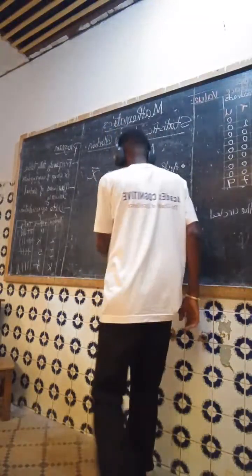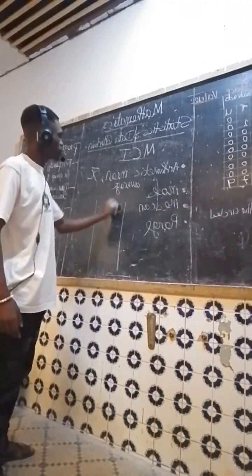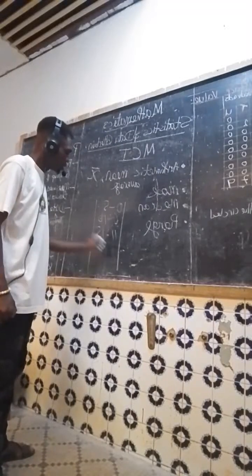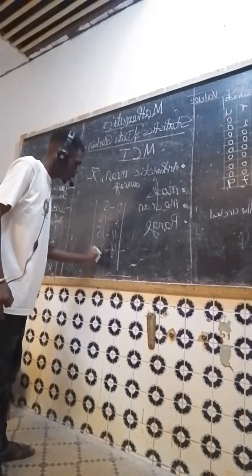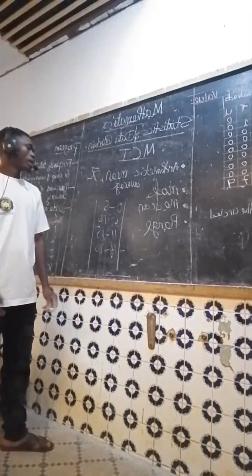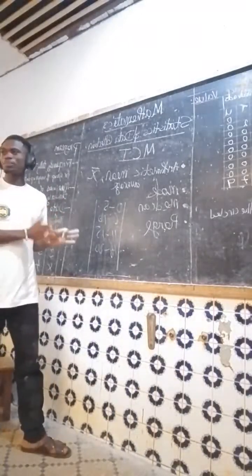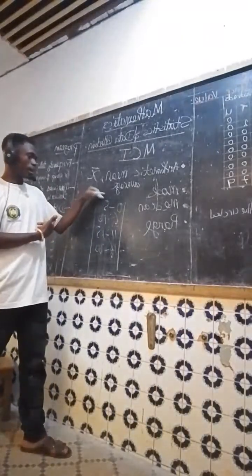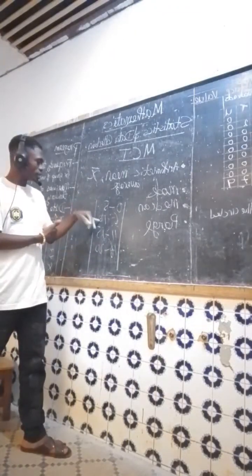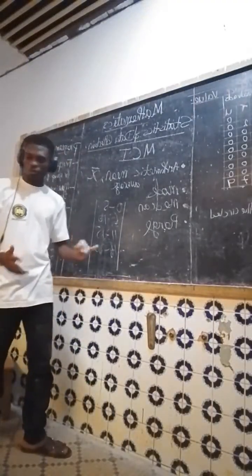Where you are having your class, your classes could be, let's say, from 0 to 5, 6 to 10, 11 to 15, 16 to 20, and so on. This is a class, and these are the class intervals. This is the upper class boundary, this is the lower class boundary, for class 1, class 2, class 3, and so on.